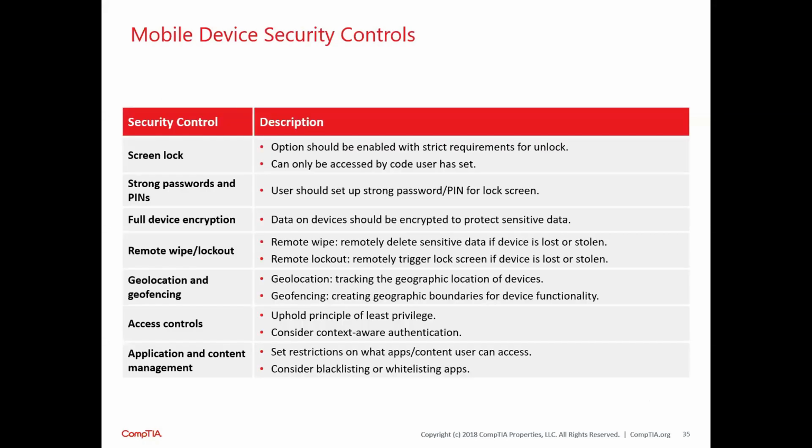We have several security controls such as screen lock, strong password or PIN, full device encryption, remote wipe, lockout, geolocation, geofencing, access control, application and content management. An example is remote wipe. If your cell phone got stolen, you can easily wipe your cell phone remotely. Or geolocation and geofencing, which allow you to track the geographic location of the devices.